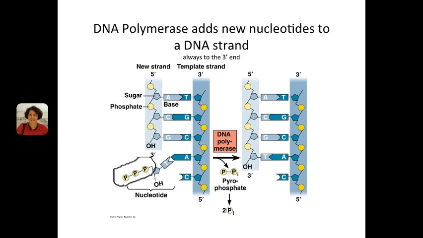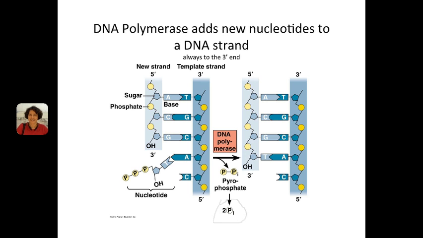DNA polymerase cleaves off 2 of those 3 phosphate groups, and here they are, forming pyrophosphate, and then it breaks the pyrophosphate down into individual inorganic phosphate molecules, and that is an exergonic reaction that allows the insertion of that new nucleotide into the DNA molecule.